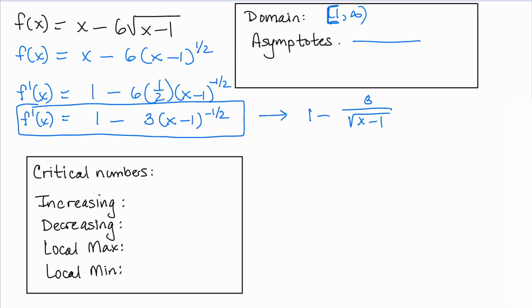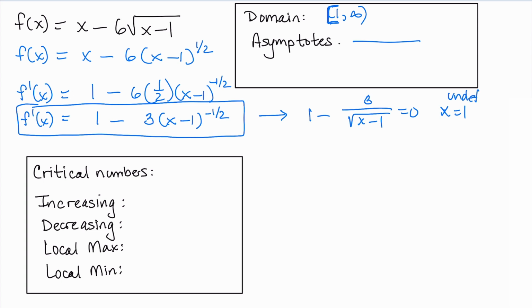Clearly, this is undefined when x equals 1. It is the endpoint of the domain, so it is something that we do need to consider in our number line, but we're not going to be able to substitute it because it's undefined. But it is also the endpoint of the domain, so there's nothing on the other side of it. So I'm just going to write here undefined when x equals 1.